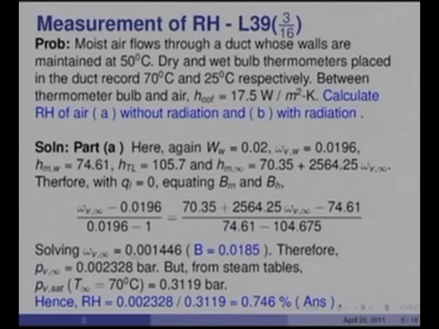And since omega V infinity is 0.001446, we can readily recover P V infinity from the relationship I have shown on the previous slide as 0.002328 bar.